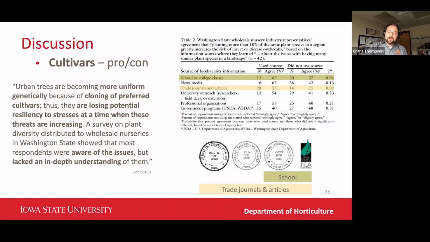Well, landscape architects and the certified nursery professionals probably have some professional training where in school they might come across these topics. And certainly any of these consultants could be reached by trade journals. Educational research would say the more exposure one has to this, the more important that is, or the more strong of an understanding they would have.